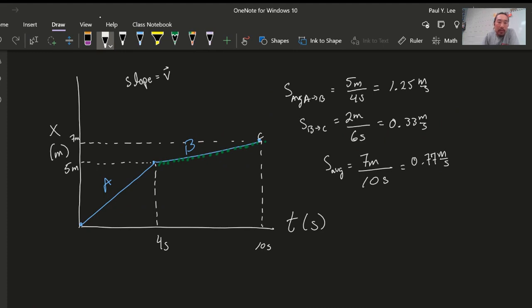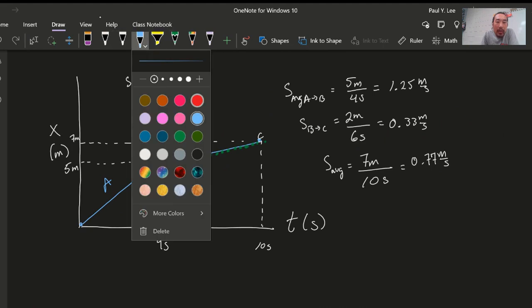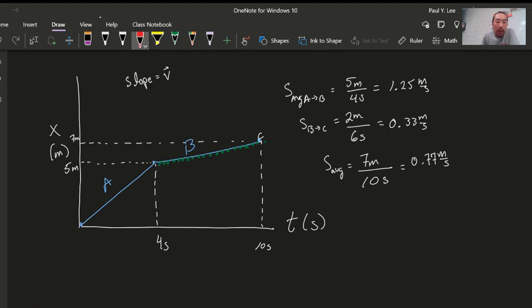And so if you have a position time graph like this, or maybe even a distance time graph, instead of finding the slope for A and the slope for B, if we want to know the average speed for 0 to 10 seconds, all you have to do is create a line from 0 seconds to 10 seconds, and whatever this slope is would be the average speed. Okay? Just a cool little trick.